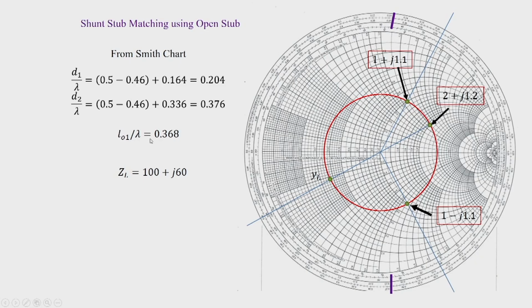LO1 by lambda is equal to 0.368 and LO2 by lambda is equal to 0.132.